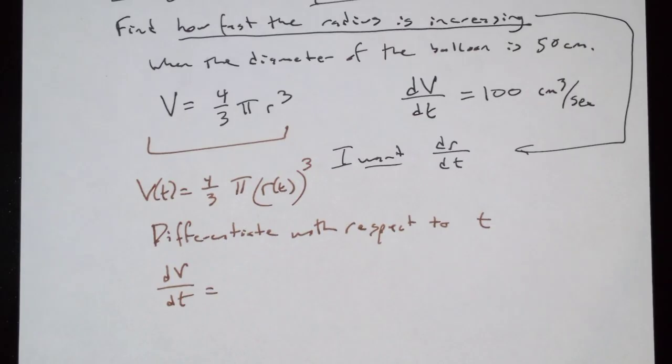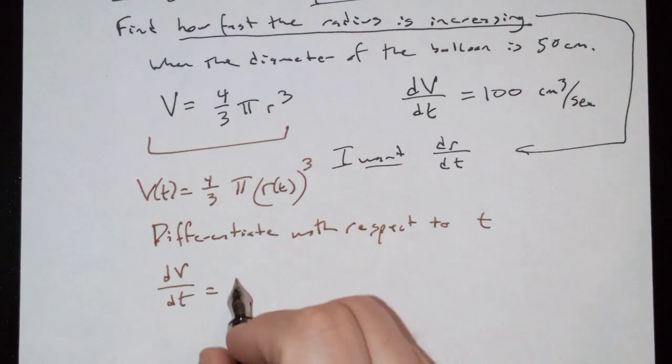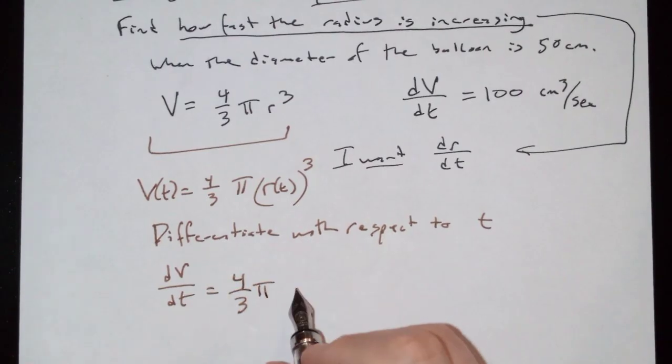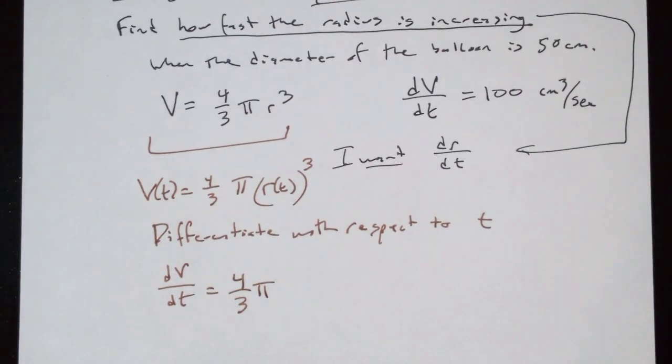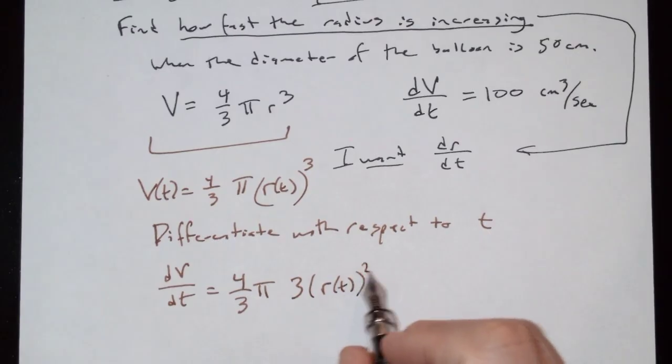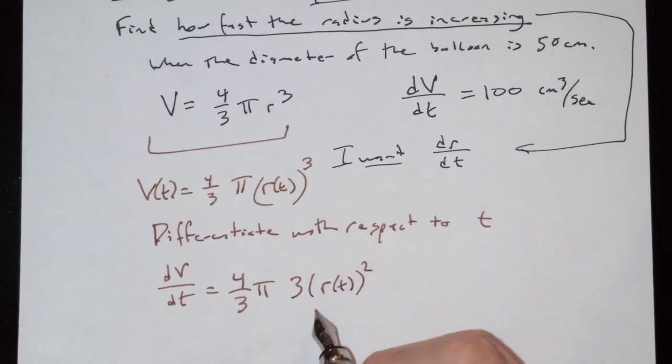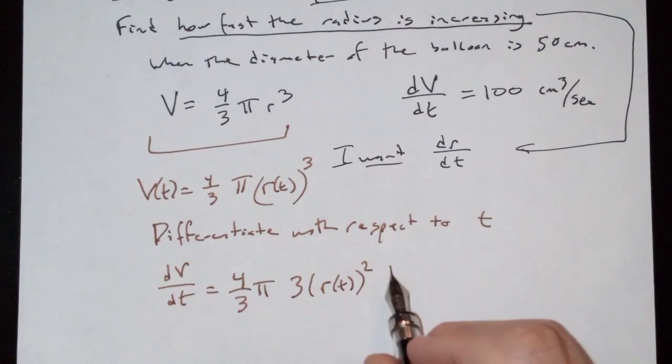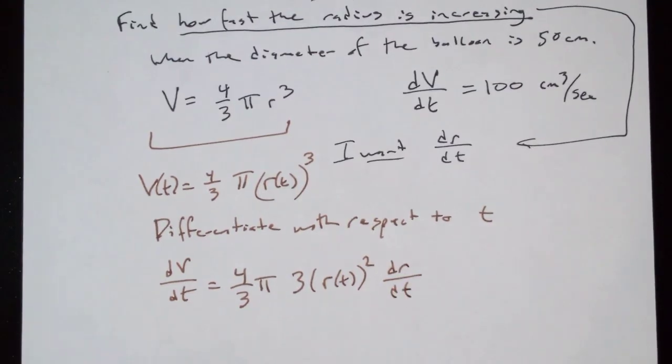Except that, because it's a thing cubed, I need to do the chain rule in there, right? So the 4/3 and the pi, they're numbers, they just stay there. Constants that are multiplied stay multiplied. But now I have ugly cubed. It's the derivative of ugly cubed. And then the chain rule comes into play, and here's where I get dr/dt.